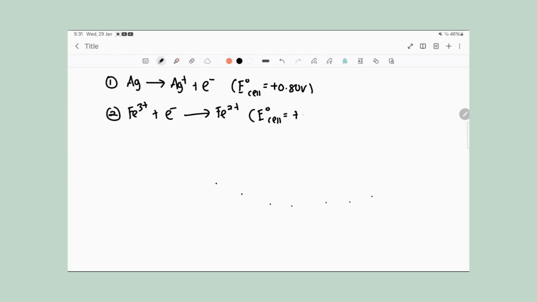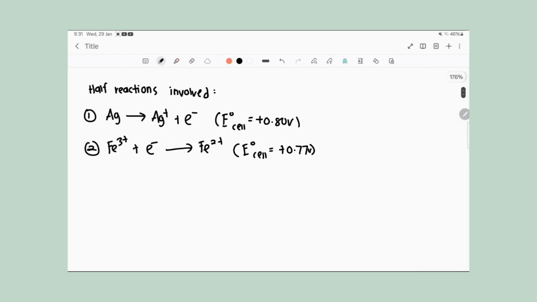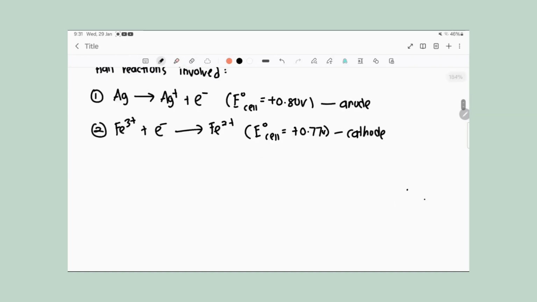Okay, from the half reactions involved, we can conclude that Ag is the anode and Fe3 plus ion is the cathode.